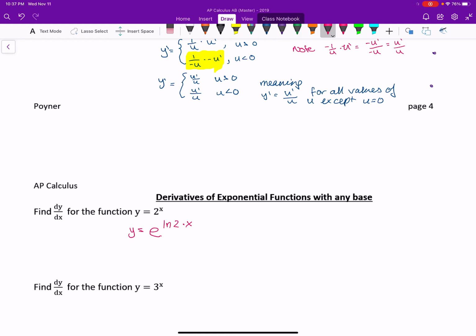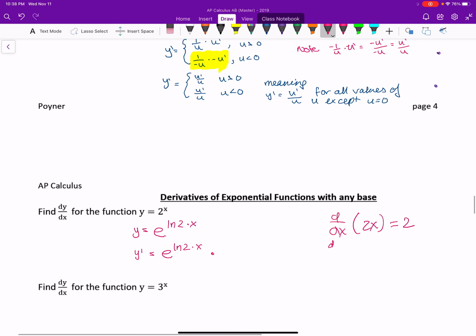So if I'm taking y prime, remember, the derivative of e to any power is itself, so e to the natural log of 2 times x, times the derivative of the exponent. But look, the natural log of 2 is just some coefficient of x. Like if I had d dx of 2x, it would just be 2.